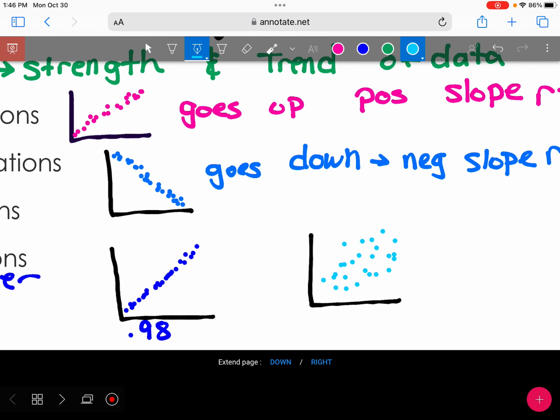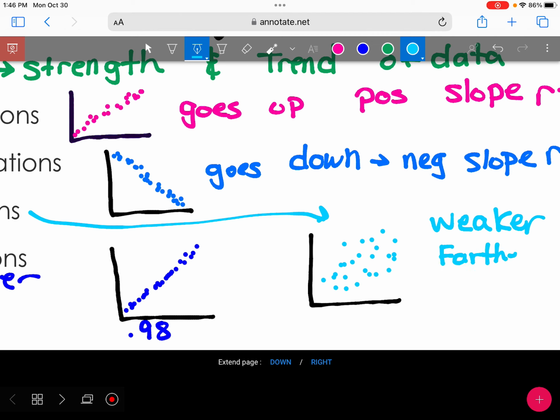For our weaker association, which I'm going to do over here because I don't like it in the column, it's more of an ish. They're farther from the line, and our number is closer to 0.